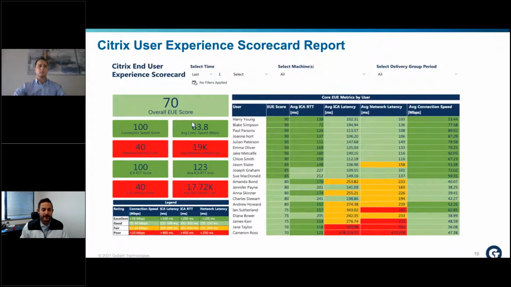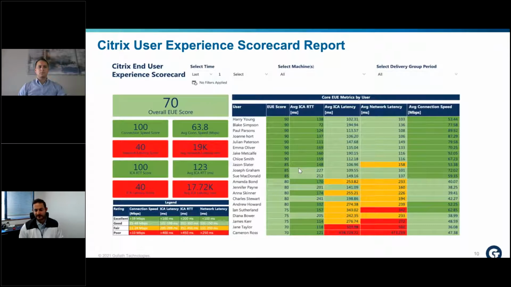And this was vital for their management team because moving to Citrix Cloud was a big change, something that was debated over for years, and they were able to use the information in this specific report to show exactly what user experience is like, not just at a high level, but an objective look at user experience, so I can see exactly what my user's connection was, what their latency was, what their round trip time was as a whole, and showing the individual users as well.